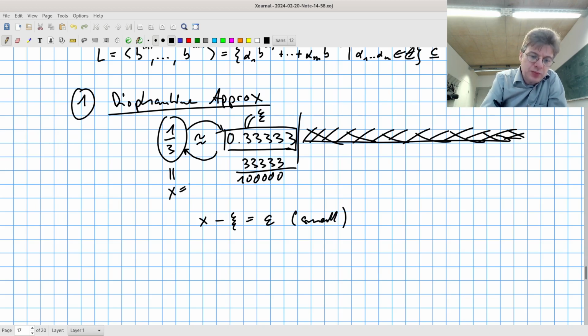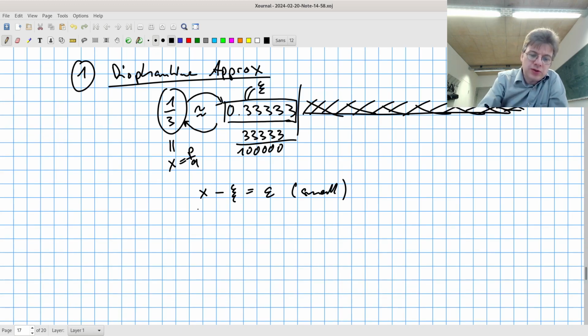And let's say the x is p over q, and p over q is what I want to know. So this is p over q minus xi is equal to epsilon. And now multiply by q, so we get p minus q epsilon equal to q xi.